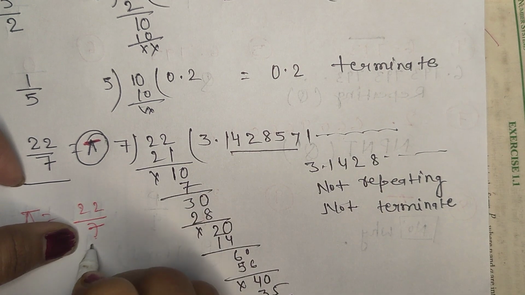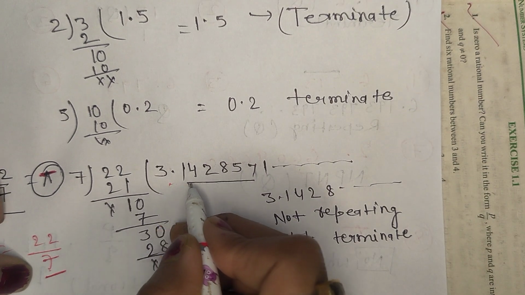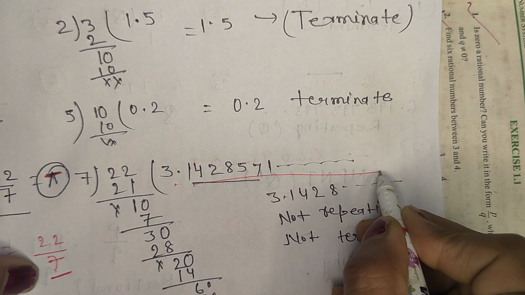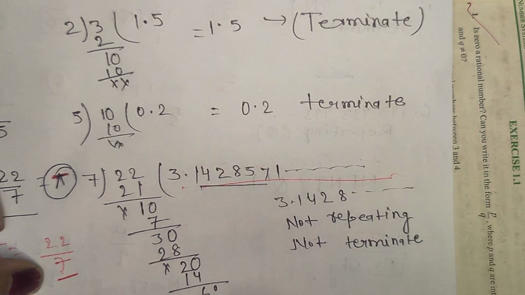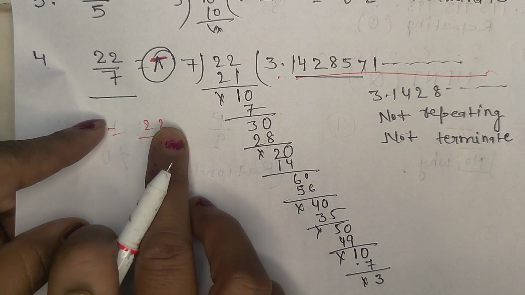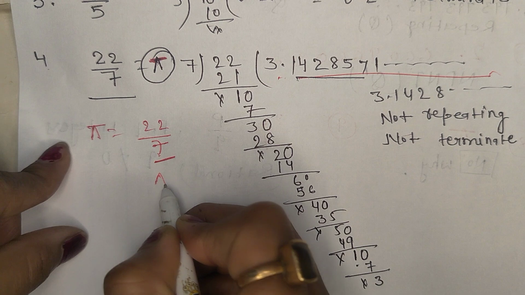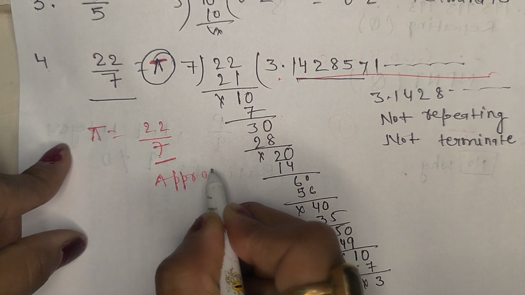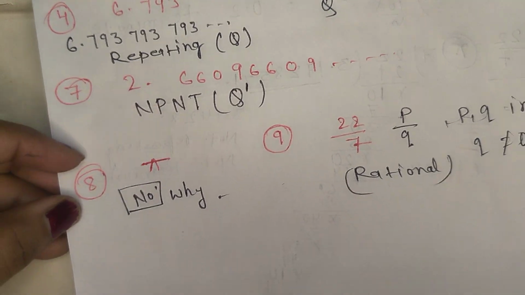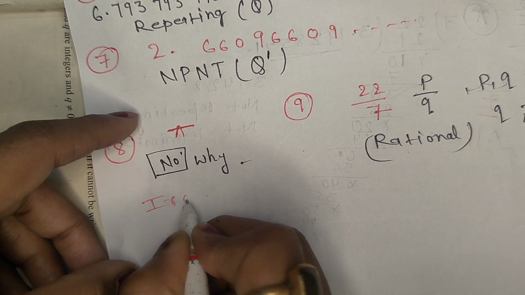It is not the exact value of pi, because when you divide you get multiple digits after the decimal, which do not repeat and do not terminate. We take 22 by 7 as the approximate value of pi. Okay, that is the reason we know that this is an irrational number.